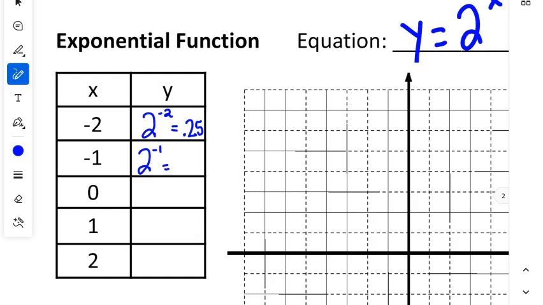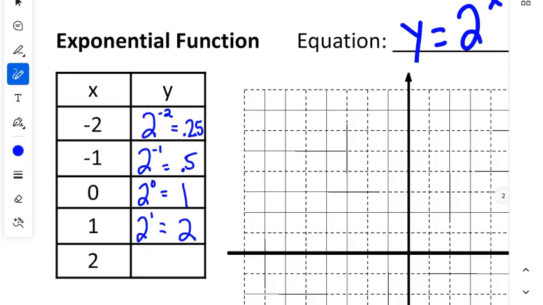Two raised to the -1. So 0.5. Okay. 2 raised to the 0. No. It's 1. Yeah. Anything raised to the 0 is 1.